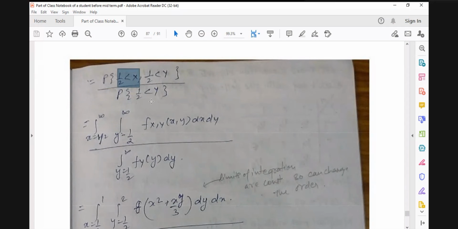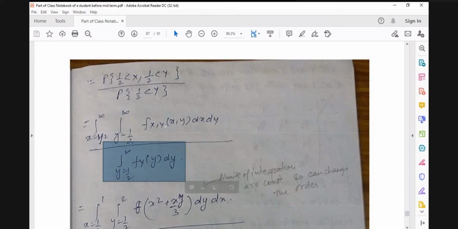So similarly here we have to integrate this with respect to x and y within the domain, because it's x greater than 1 by 2, it means 1 by 2 to infinity, y is also 1 by 2 to infinity, and the probability y greater than 1 by 2, like this one.